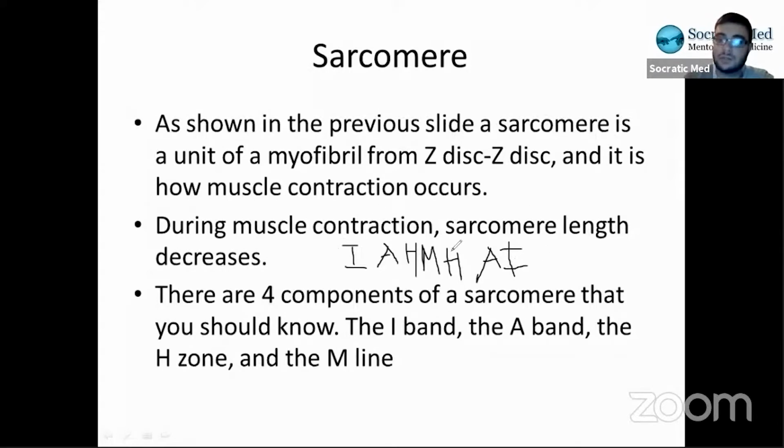This is what a sarcomere looks like, but really you just have to know I-H-M, right? I am. And that's a good way to memorize from left to right or from right to left, going from the outside to the inside, the order of the different bands or zones. Okay, I am.